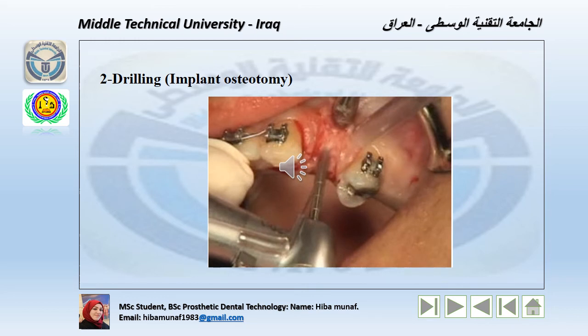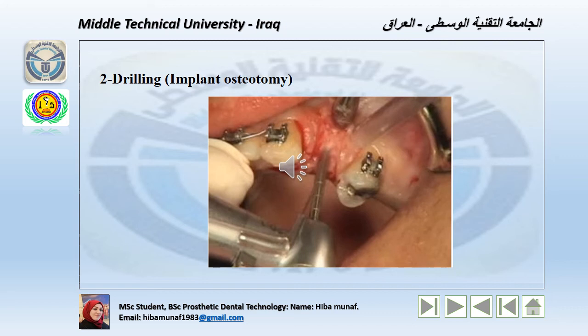The second step of the surgery is drilling, also called implant osteotomy, which we start after soft tissue reflection. The implant site is prepared with a series of gradually enlarged drills, of different sizes.